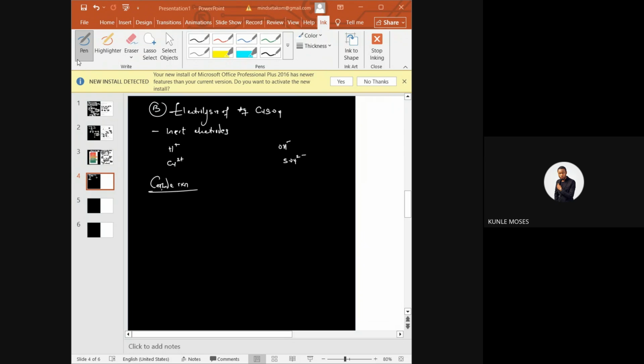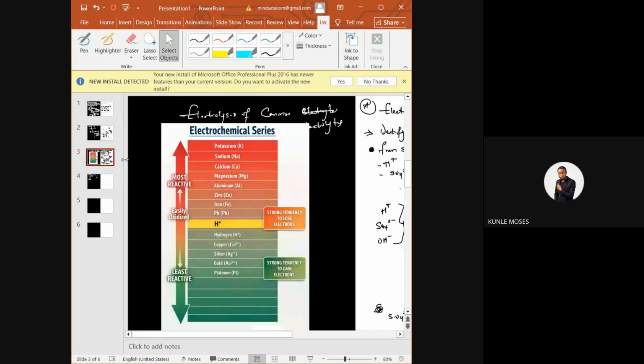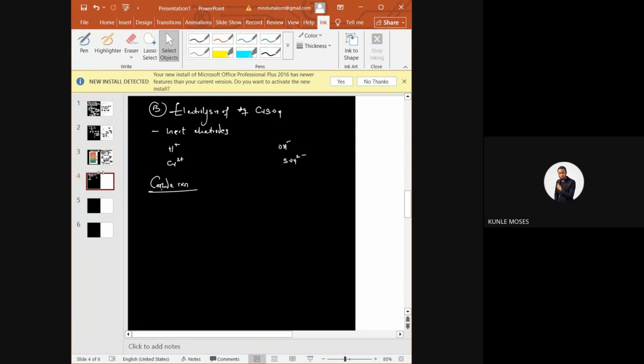So instead of hydrogen being discharged, Cu2+ will be discharged to give copper.